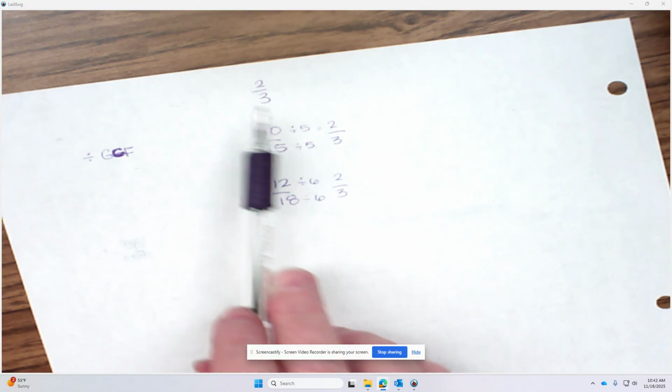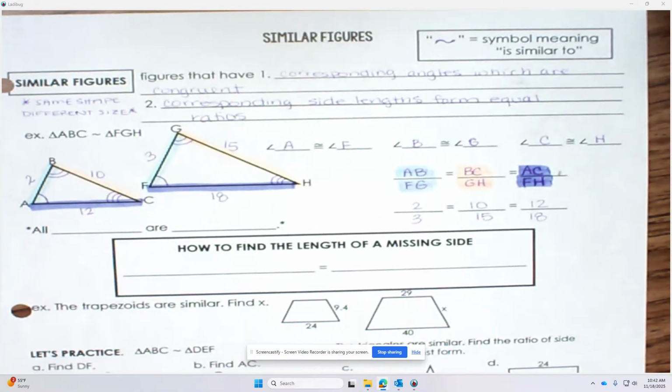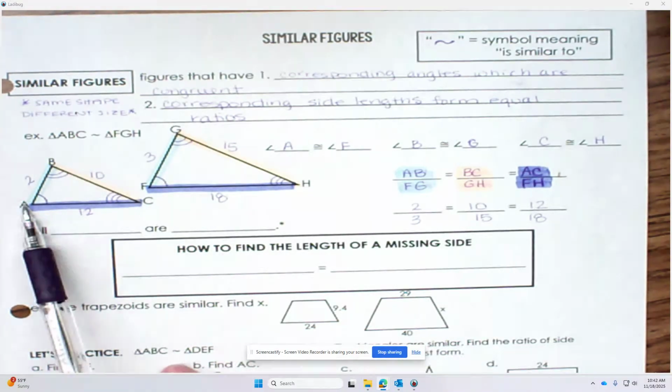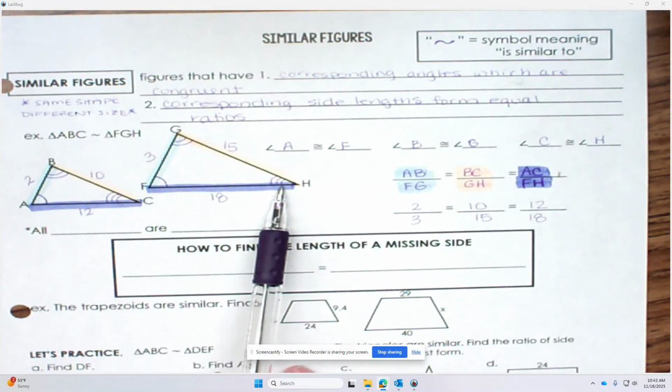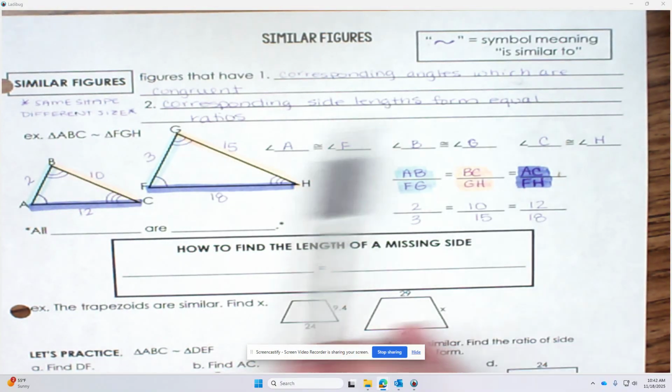So all 3 of my ratios are equal to each other. That means that we have similar sides. Okay? So remember, if we come back up here, our 2 criteria where the angles are congruent, which we have, these corresponding angles are congruent, and these corresponding angles are congruent, and that the corresponding side lengths form equal ratios.